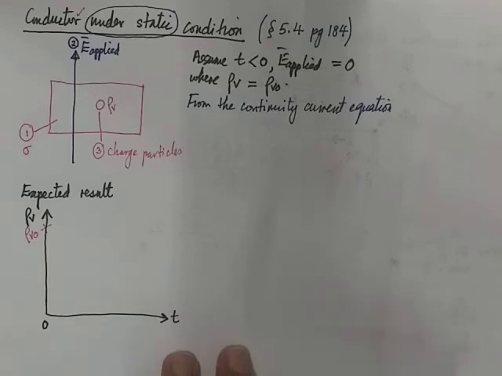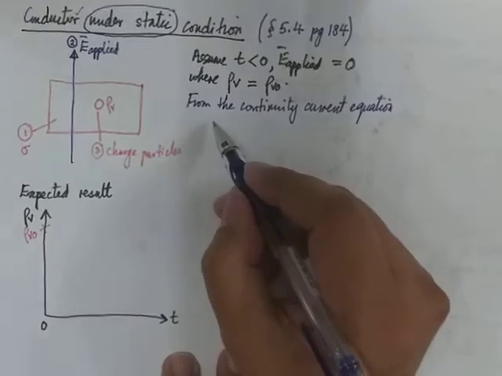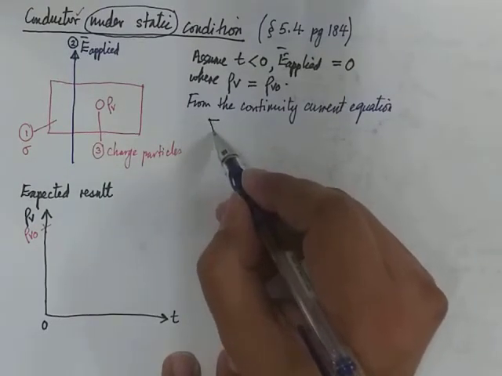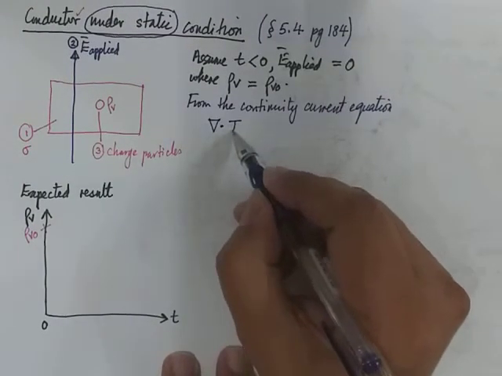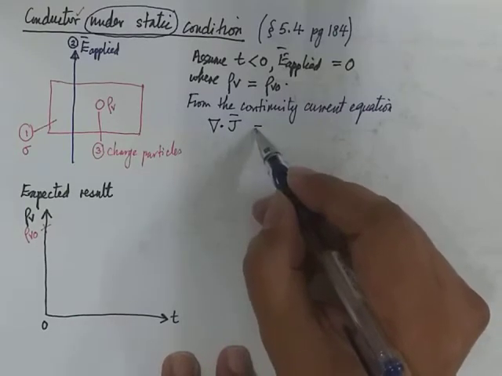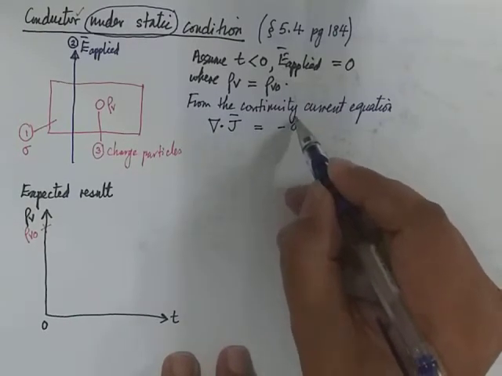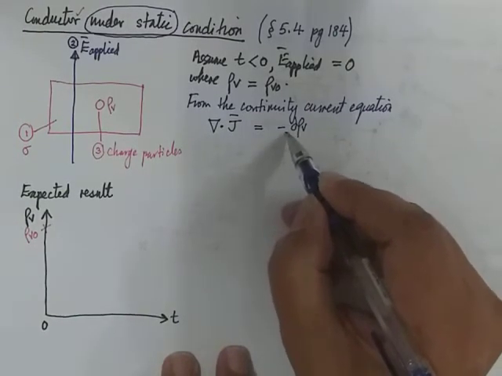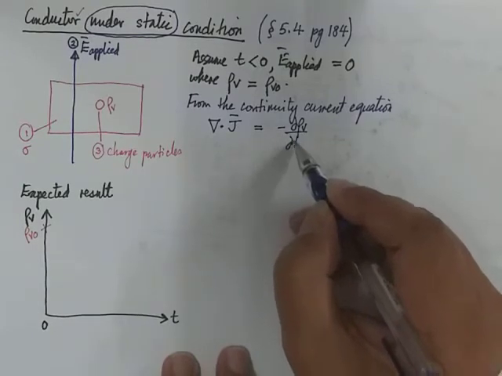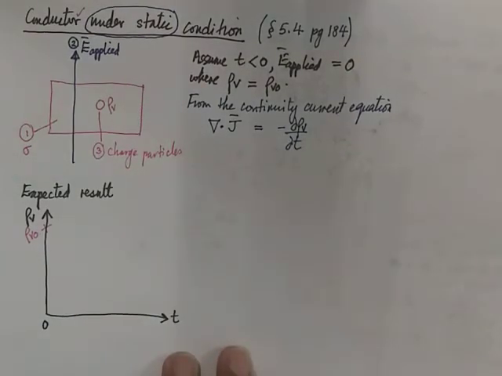We developed 3 model current equations, where equation 1 is known as convection current density. Equation 2 is how we relate the current to the current density. Good. Equation number 3: we state that the divergence of J is equal to negative d rho v over dt. Okay, that should be our starting point.